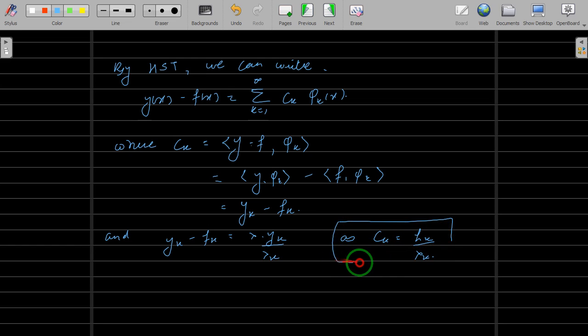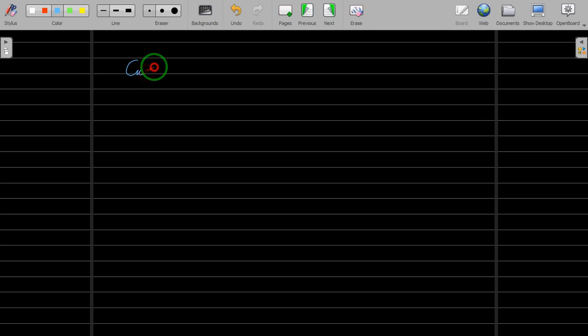From the Hilbert-Schmidt theorem we compare, and then we get y_k minus f_k equals lambda y_k upon lambda_k. When you simplify this for y_k, we get y_k equals lambda_k f_k divided by lambda_k minus lambda, and by using this you will get c_k as lambda upon lambda_k minus lambda times f_k.